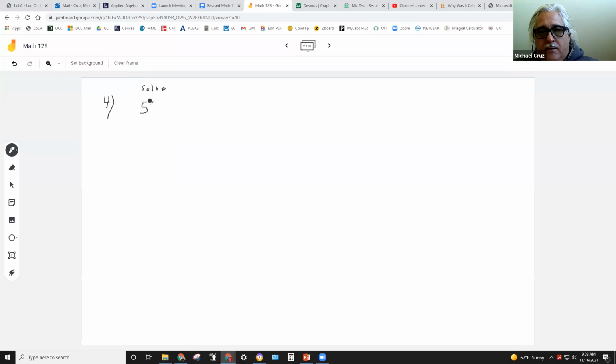5 to the x is equal to 625. So these have no hope as they are because they don't have a like base. We could use another method, but since we can, this right here can be written as 5 to the fourth.